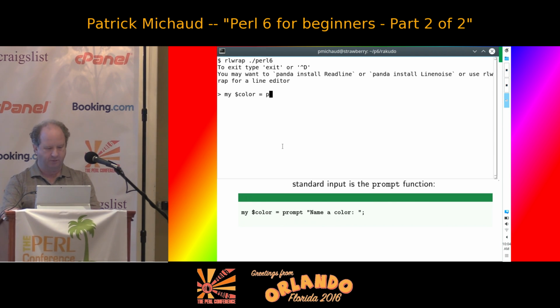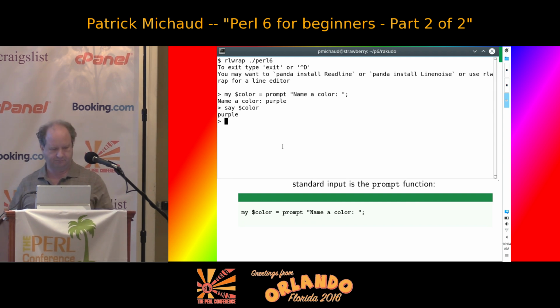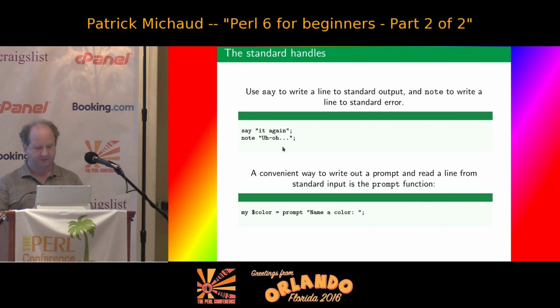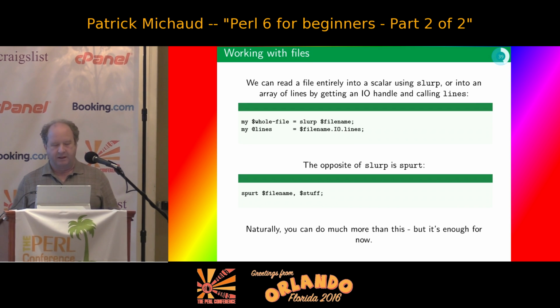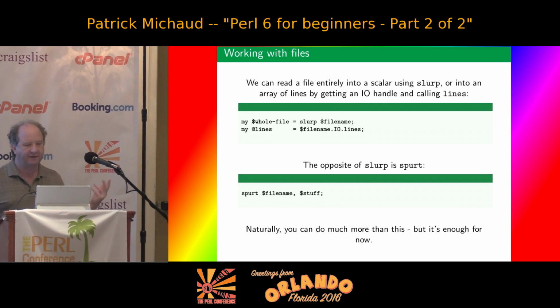My color equals prompt name color, like so. So it asks name color, and I'll say purple. And so now if I say color, it comes back and it says purple. And it auto-chomps. I think it auto-chomps. Okay?